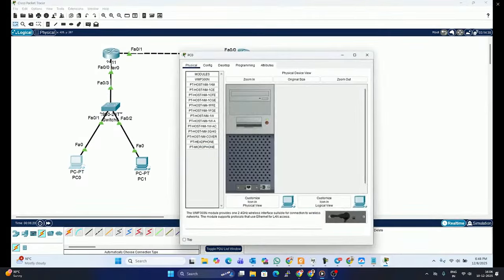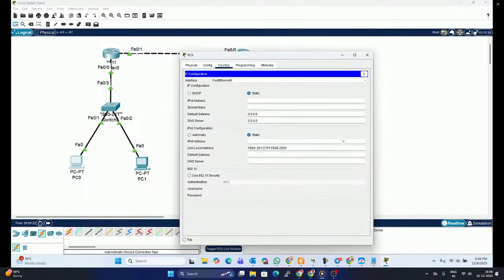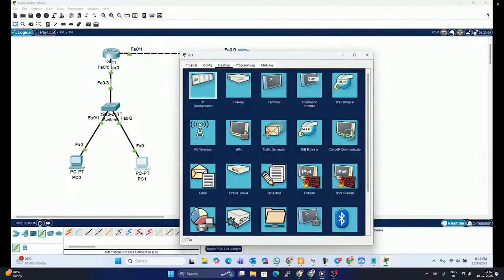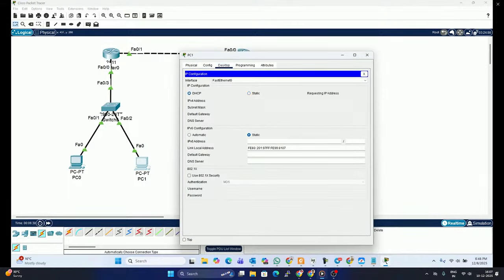If I go to this user's desktop, IP configuration, DHCP, you notice that this user got an IP address 10.1.1.11/24, default gateway, DNS server. We go to this other user's desktop, IP configuration, DHCP.